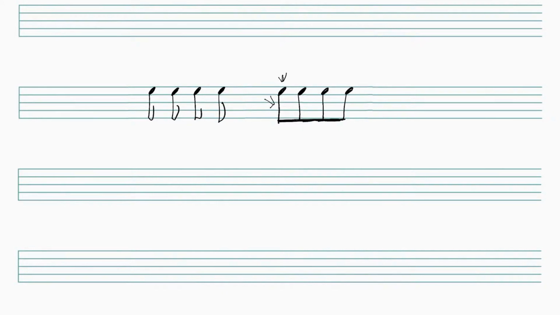But what we have done, we have traded the flags for a beam. So rather than one flag on the notes, we use one beam to connect them together. So you might ask, well, these kind of look like quarter notes. They have the note head and stem, but having this beam, and notice how I drew the beam a little bit thicker than I would just the stem. Having that beam there tells us that they're actually 8th notes, and we've combined 4 together.